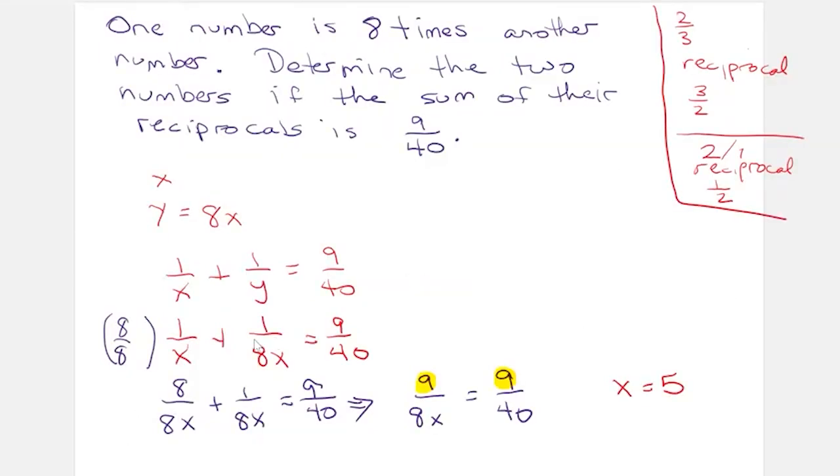So I'm going to start with 1 over x plus 1 over 8x equals 9 over 40. And let's say it wasn't going to be quite as simple. Again, I still have to get a common denominator no matter what I do, so I'm going to multiply by 8 over 8.